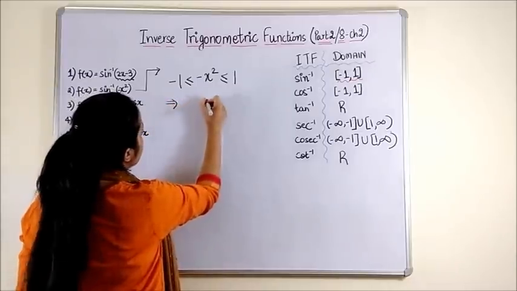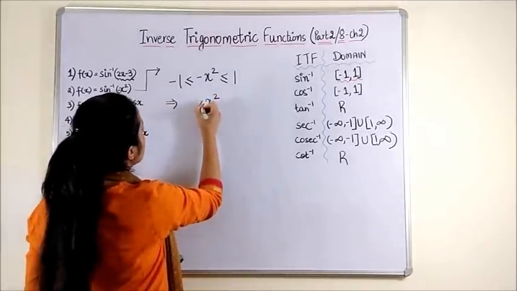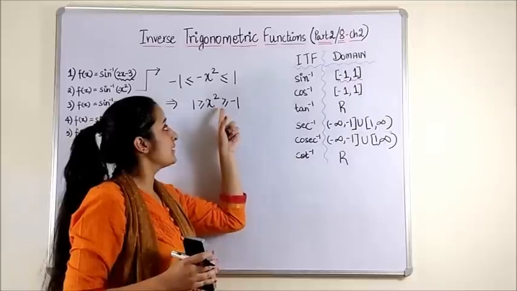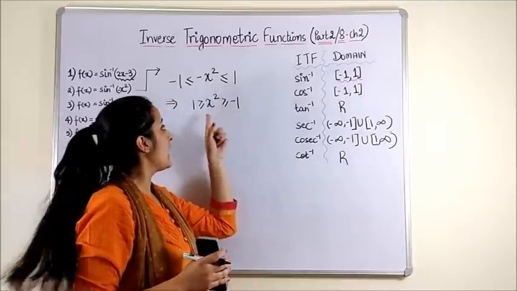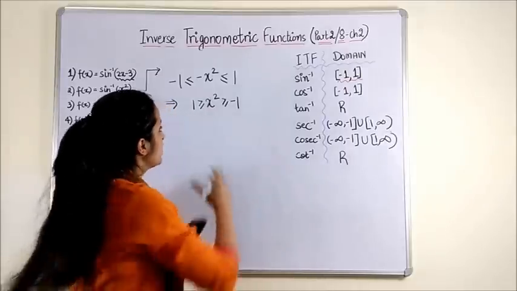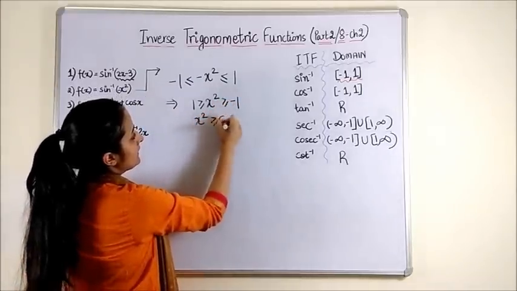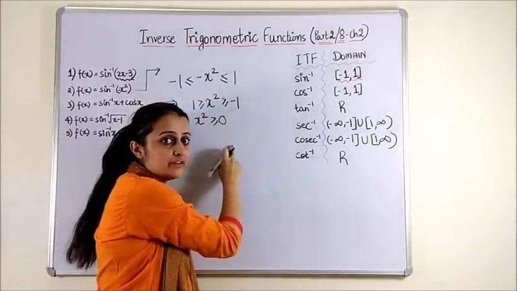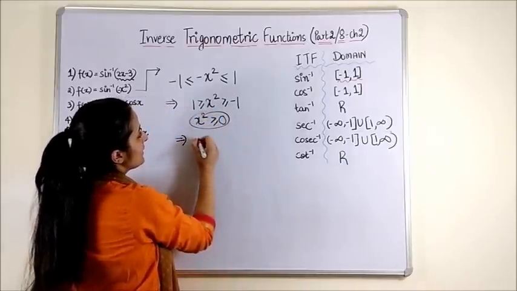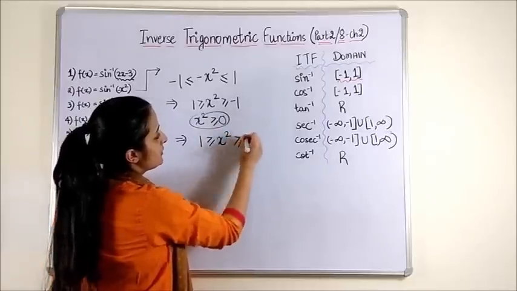This implies, when we multiply throughout with a negative sign, x square would be greater than or equal to -1 and less than or equal to 1, because the signs get interchanged. But we also know that for a real number, x square always has to be greater than or equal to 0. So this implies 1 is greater than or equal to x square is greater than or equal to 0.